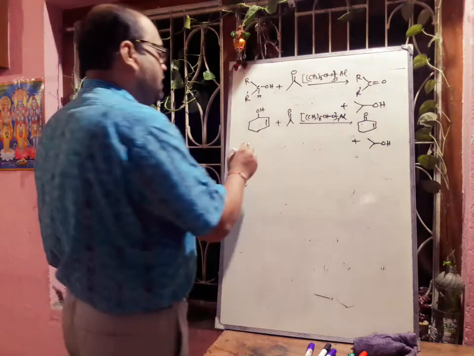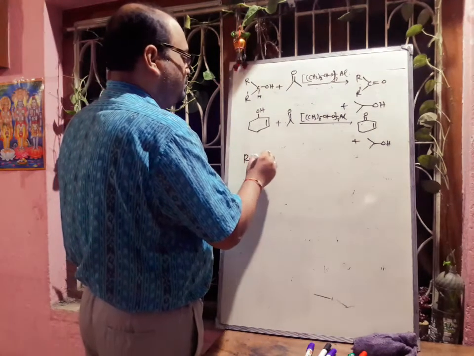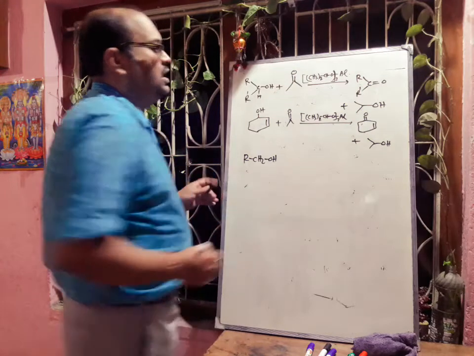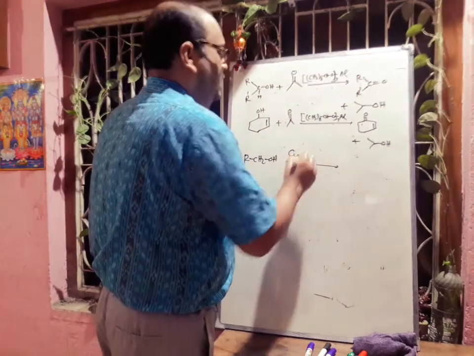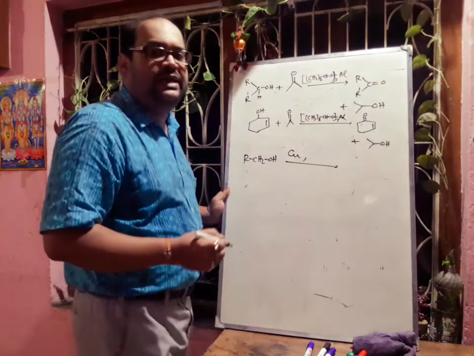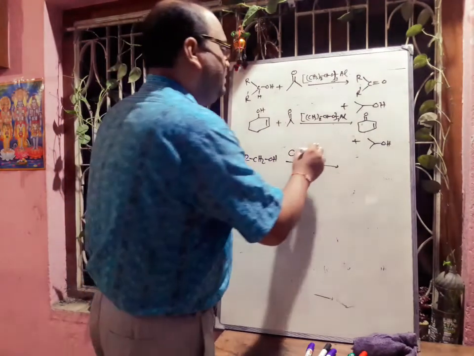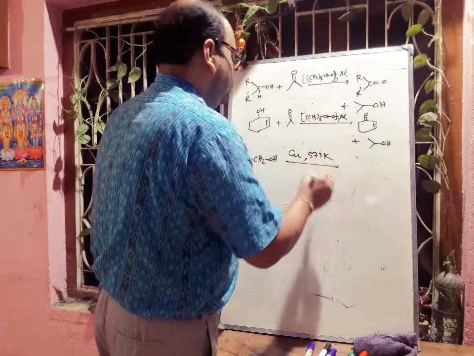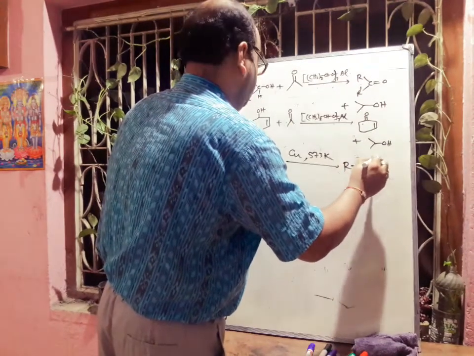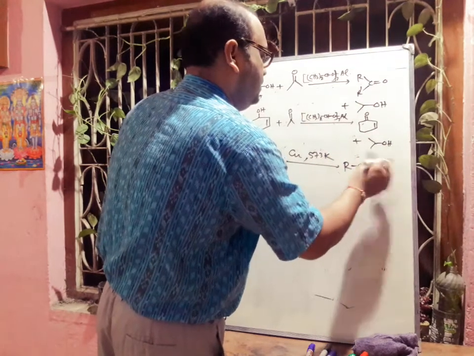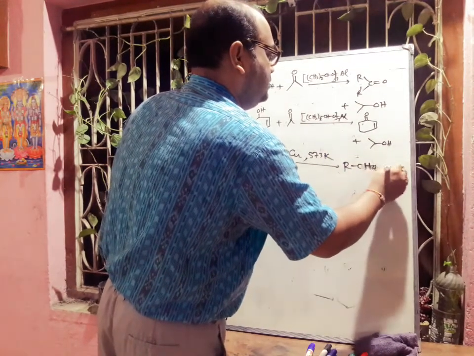So if we take RCH2OH and we have to give copper, and temperature here we have to maintain 573 Kelvin, then it will convert into the corresponding aldehyde RCHO plus H2.